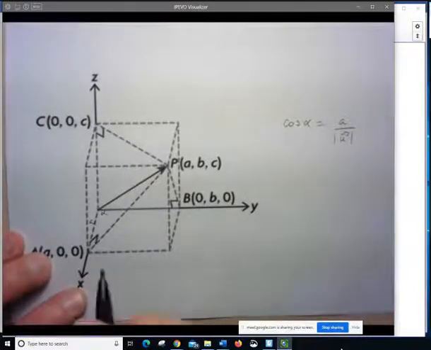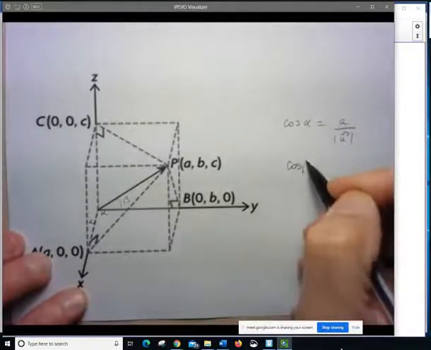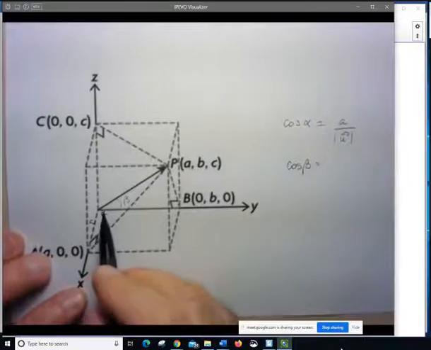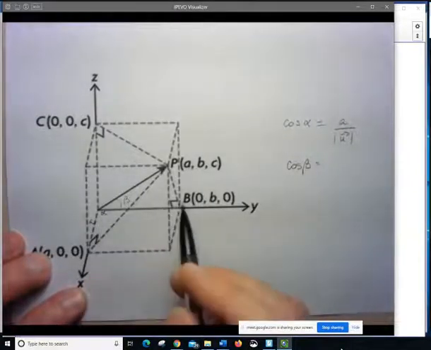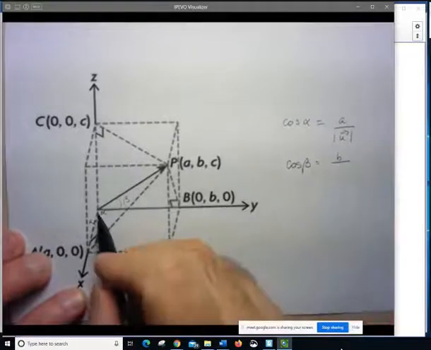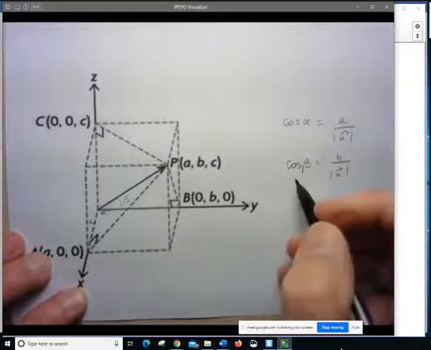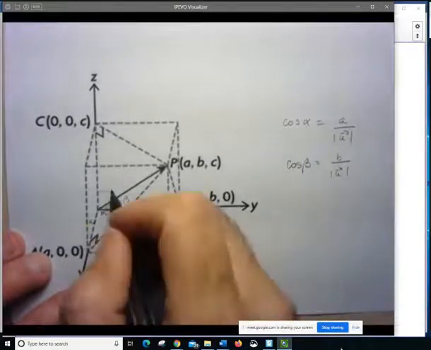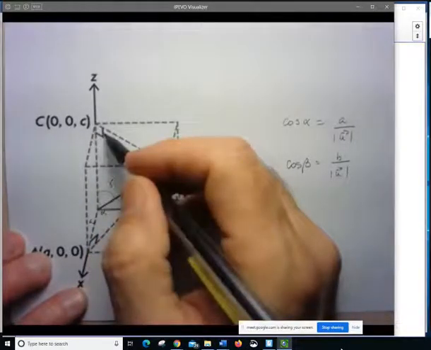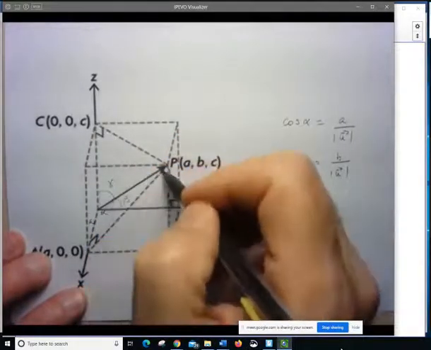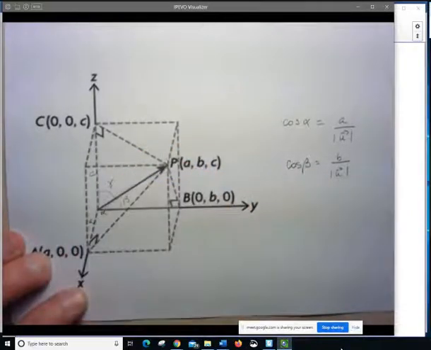Okay, and I can do this with this second angle here, beta. Cos of beta is equal to, well, all I need is this side length here, which is just the length of the y component, b, and again, the hypotenuse is just the magnitude of the vector. And then finally, the angle to the z-axis, okay, again, the hypotenuse is still the magnitude of the vector, and this adjacent side is just length c.